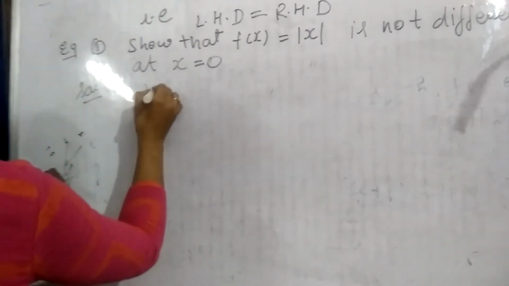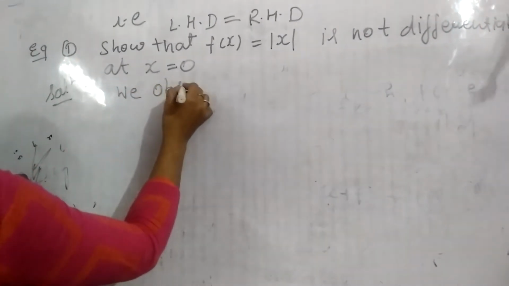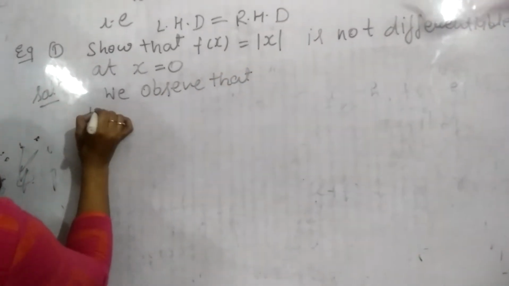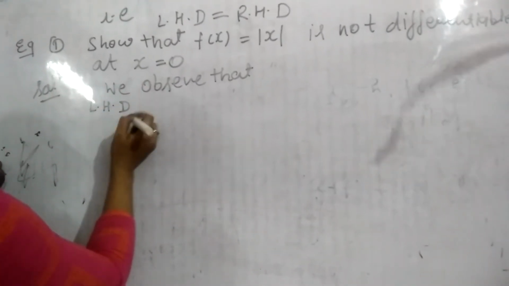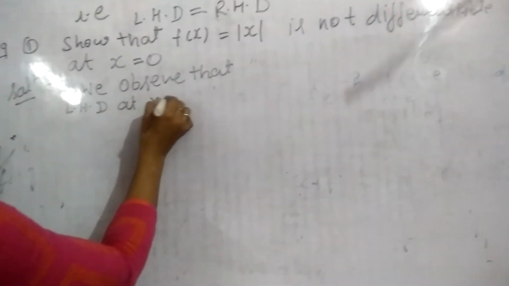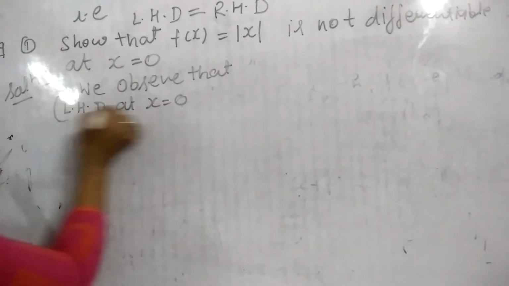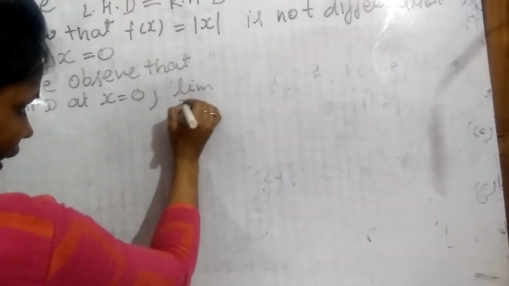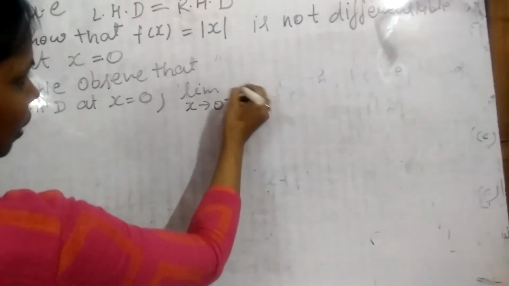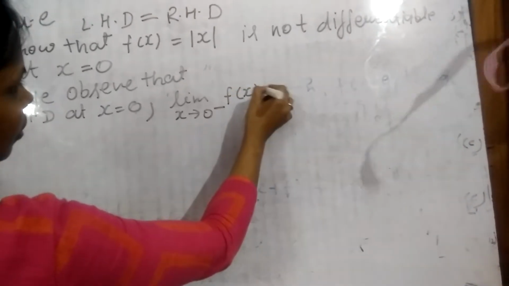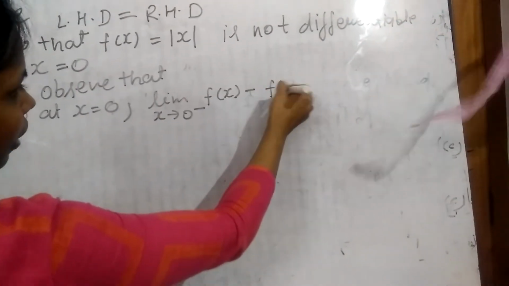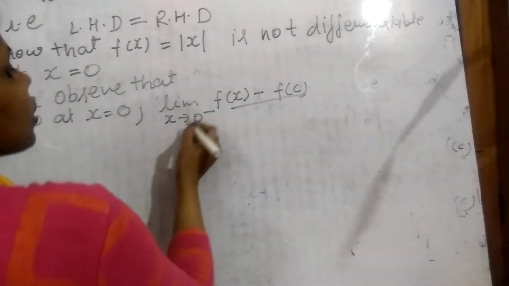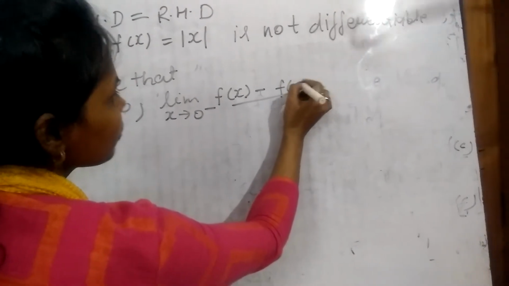We observe that the left hand derivative at x = 0 is the limit as x tends to 0 minus of (f(x) - f(0)) upon (x - 0), where the point c is 0.